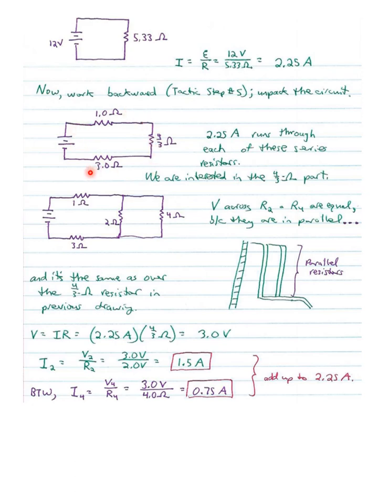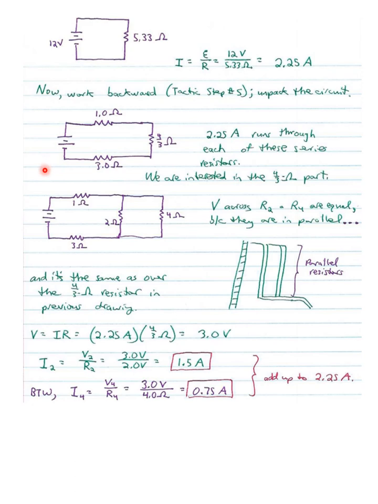Now, remember that when you have resistors in series, they carry the same current as their series equivalent. So that 2.25 amperes runs through each of these series resistors.